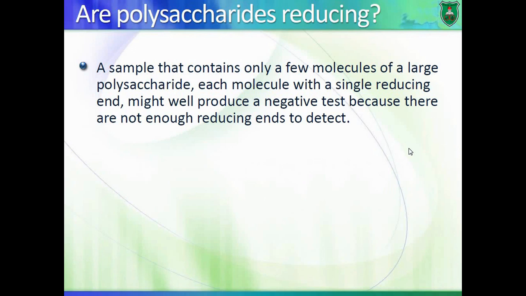So that means they're not going to be reducing sugars because these are not anomeric carbons. They cannot get oxidized. The anomeric carbons are already occupied and bonded through different types of bonds in different types of polysaccharides. So generally polysaccharides are non-reducing and they would test negative in the oxidation tests that we discussed before.